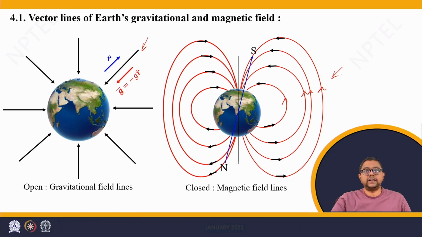These are the magnetic field lines which converge on the North Pole. These are the magnetic field lines which converge close to the geographic South Pole of the Earth and diverge from the geographical North Pole. The blue line indicates the magnetic axis where N and S are the magnetic poles.